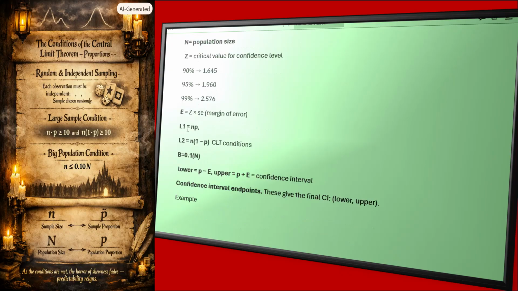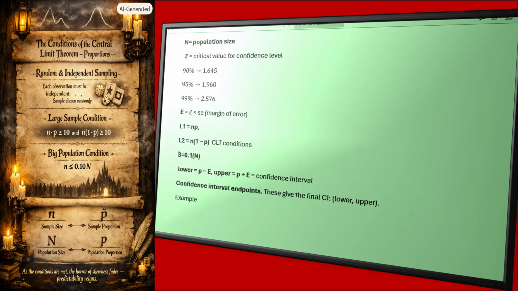Then down here you'll see the CLT conditions, all three of these. One is the large sample condition, and that is that np must be greater than 10, and n times its complement must also be greater than 10.